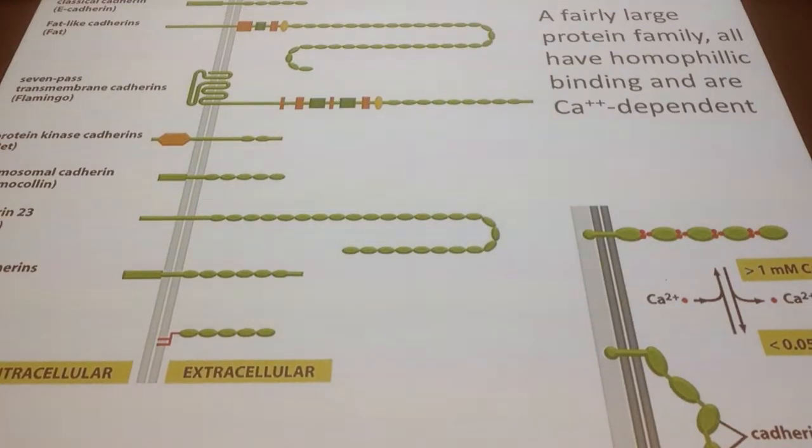Why do you think it's cell specific? What does that mean by cell specific? What if specific cells express specific members of cadherin protein or integrin? What does that do? What would be the relevance of that? Anybody? This is not a trick question.